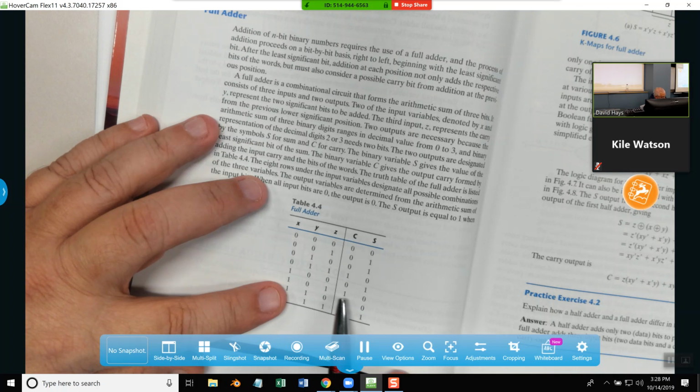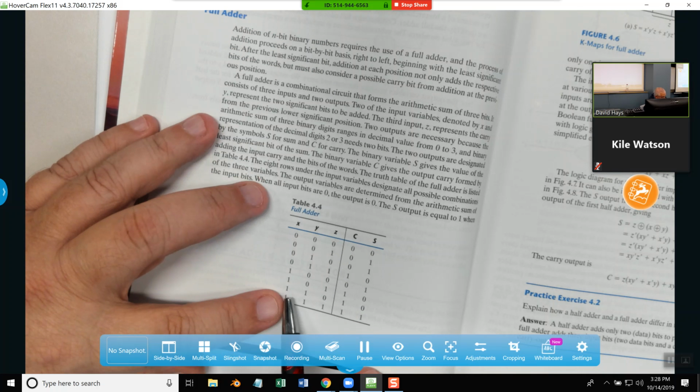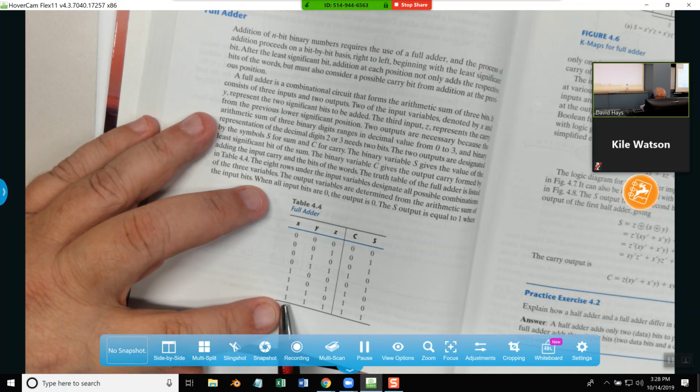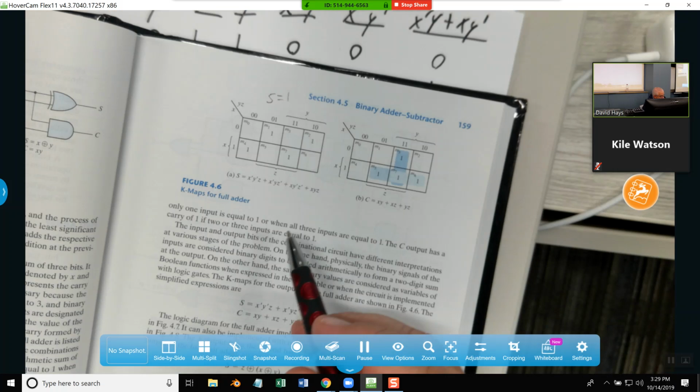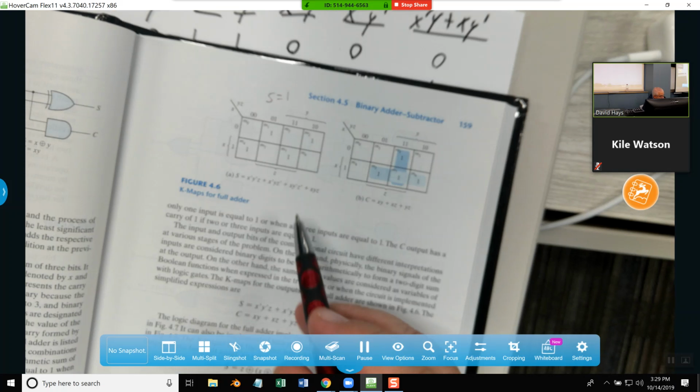Group these two together, group these two together, group these two together. These two here would be XY, which is this one. This vertical pairing would be YZ, which is this one.